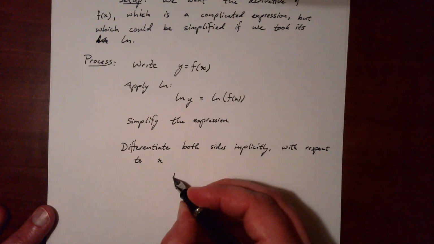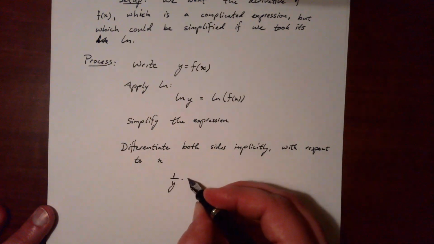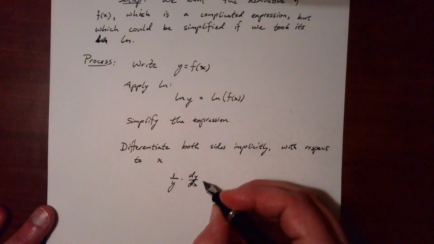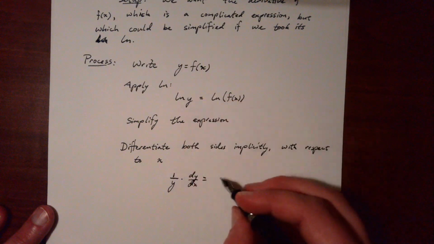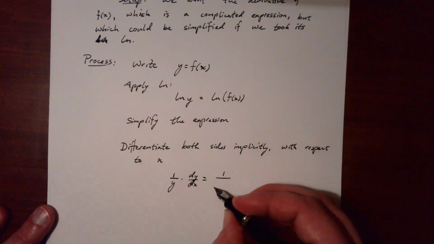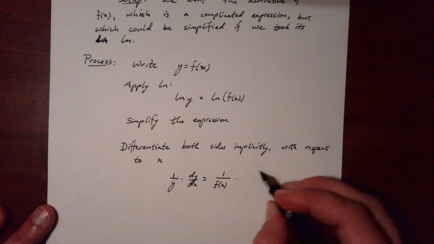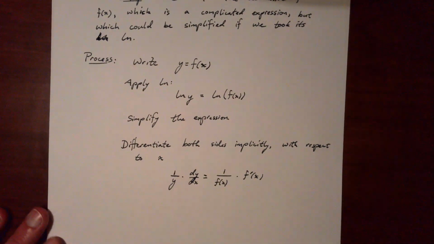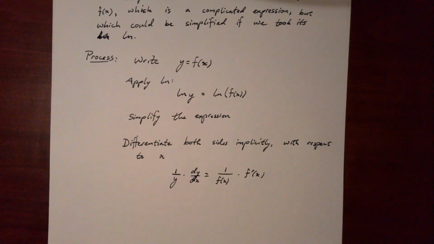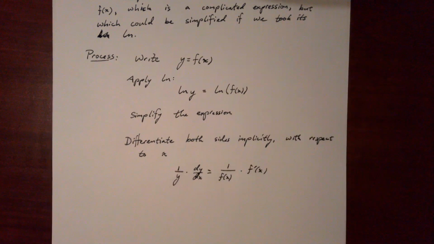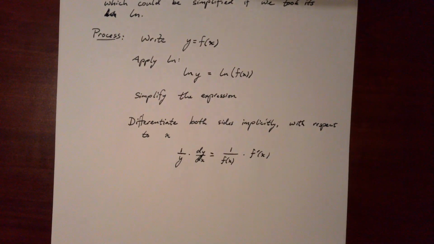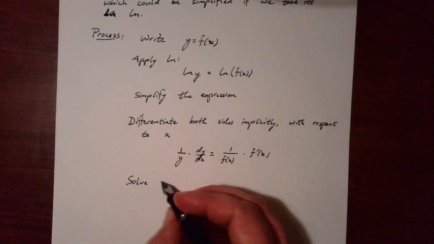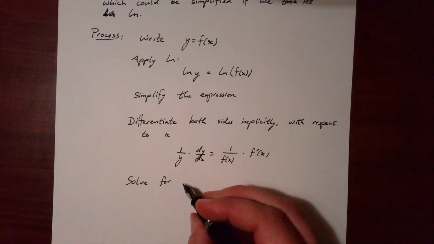So then we're going to have 1 over y times dy dx, chain rule in the version of implicit differentiation. Then over here we're going to have 1 over f of x times the derivative of f of x. Since this right side is already in terms of x, it doesn't require any extra implicit differentiation steps. It's just going to be the chain rule. And then we just solve for dy dx.